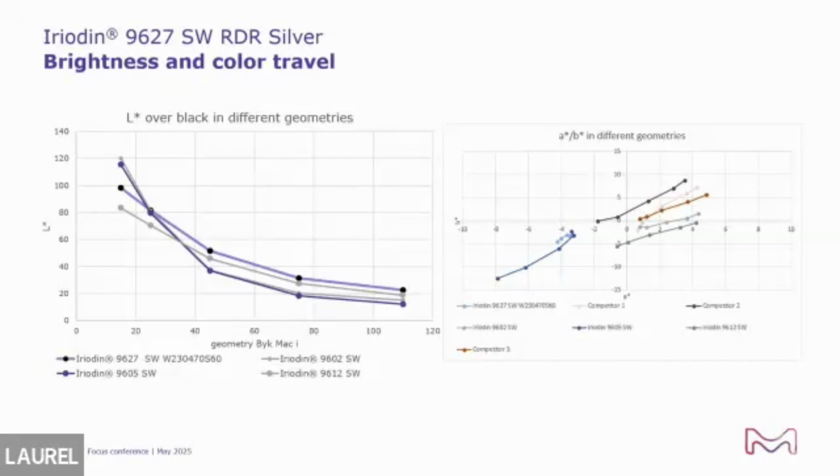The light blue one is the 9627, and you can see very little color change. So when you put it in a silver color, it doesn't affect your silver as much. It doesn't shift all the way to the blue like 9605. That's one of the benefits of the product.